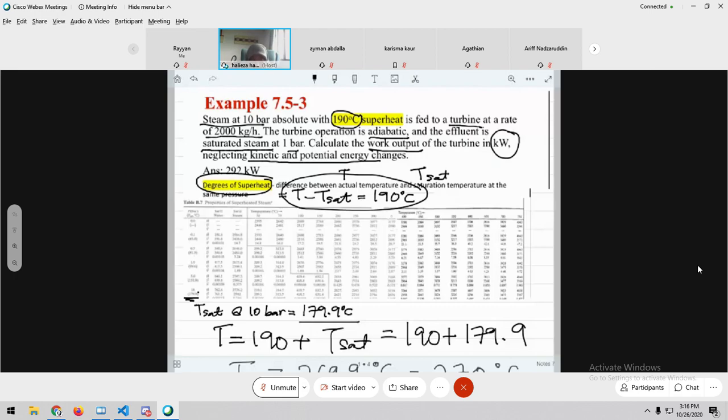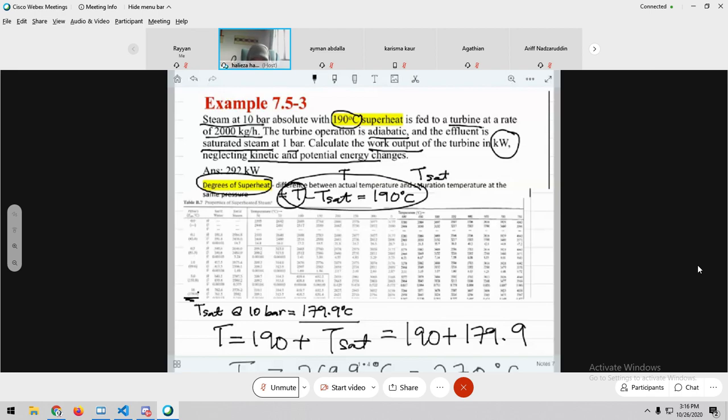Okay, let's look at the problem now. You have steam at 10 bar, 190 superheat. That means the actual temperature of your steam is beyond the saturated temperature by 190. You need to calculate your actual temperature, which we did, and we got 370.